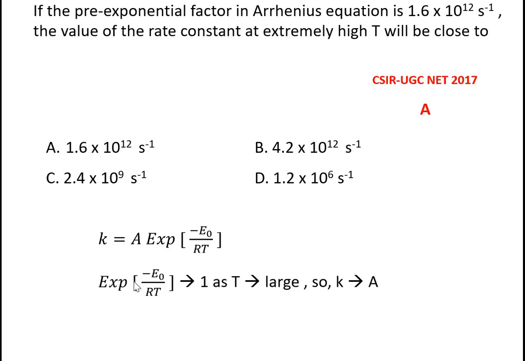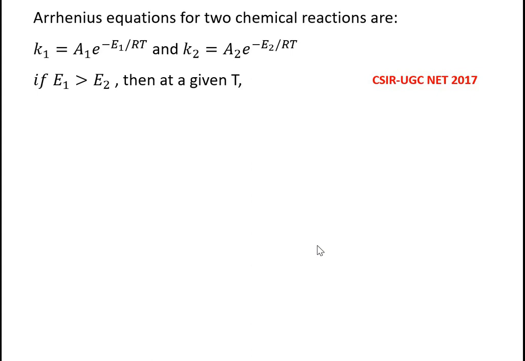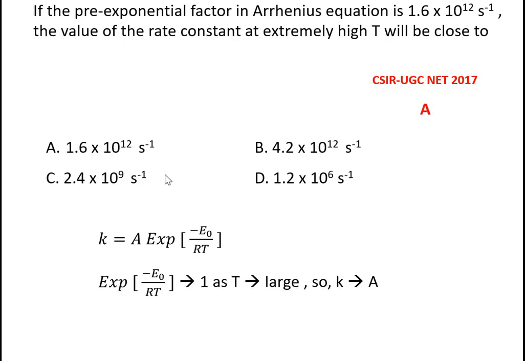That means k is equal to A. So k approaches A as T becomes large. So the given value is actually the answer, and that is option A. That itself is the pre-exponential factor.